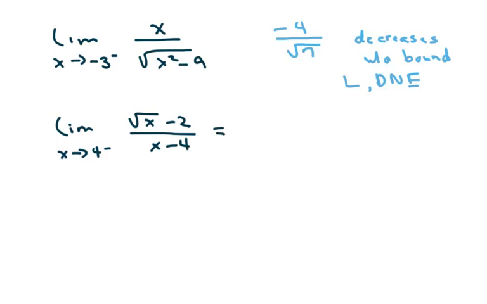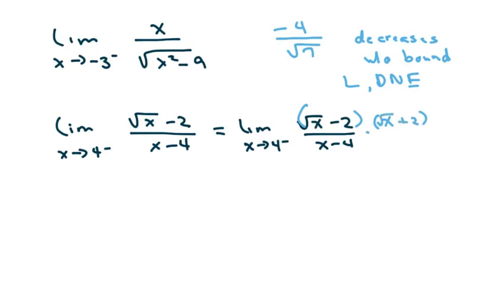And what I'm going to do is go ahead and multiply by the conjugate in the numerator. So we have square root of x minus 2 over x minus 4. I'm just going to multiply this by the conjugate, which is square root of x plus 2. And I'm also going to do the denominator, square root of x plus 2.